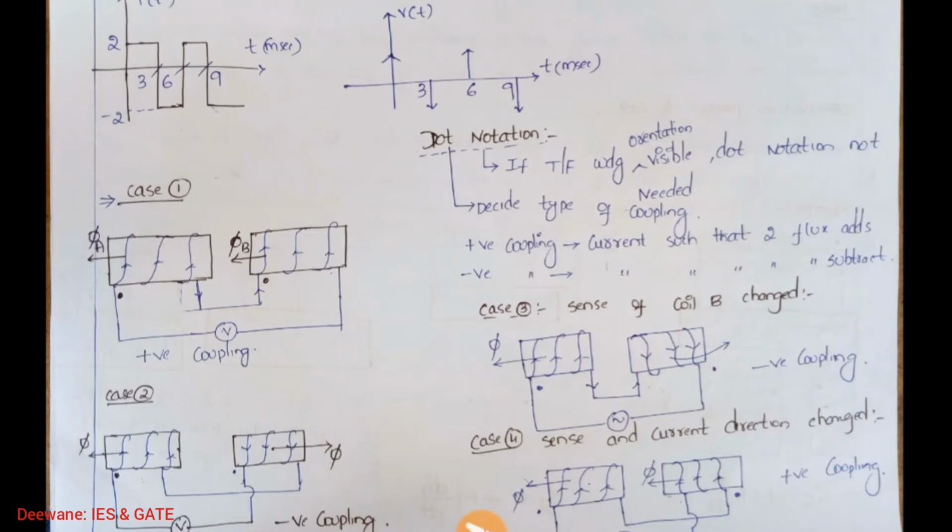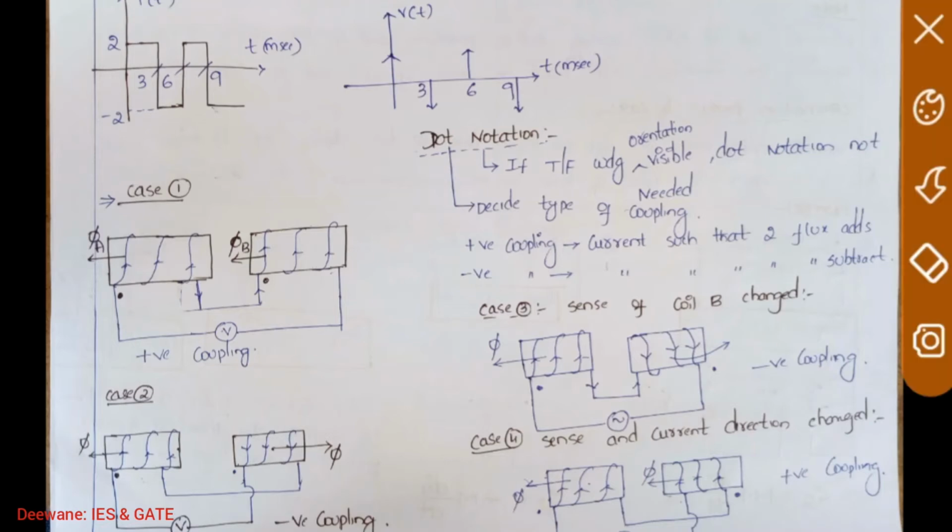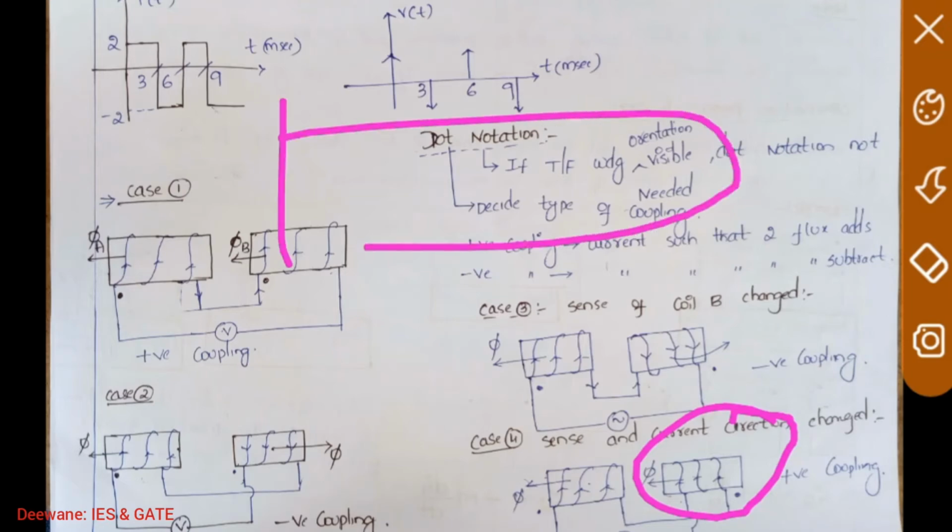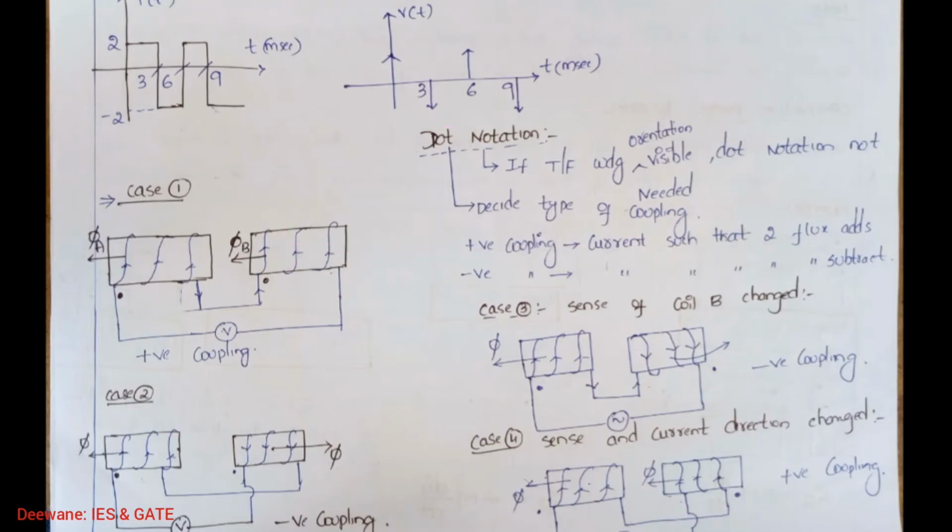Now go for the fourth case. Now the sense and current direction are changed in coil 2, in this coil. Now see the dot. In the third case I forgot to tell why the dot has been kept in this place.